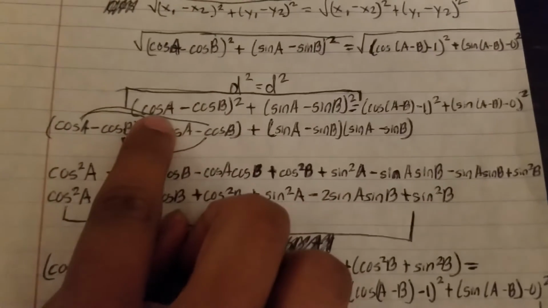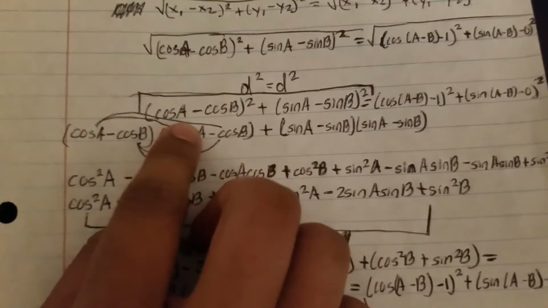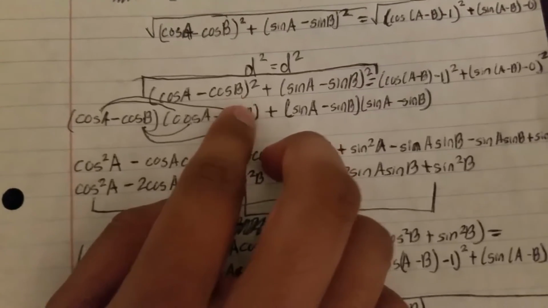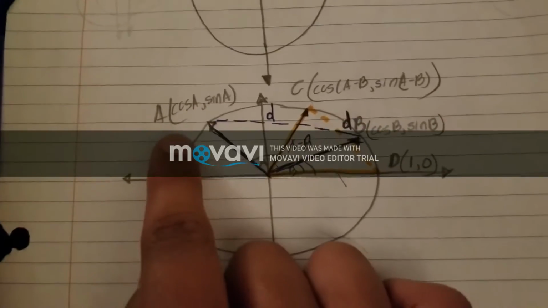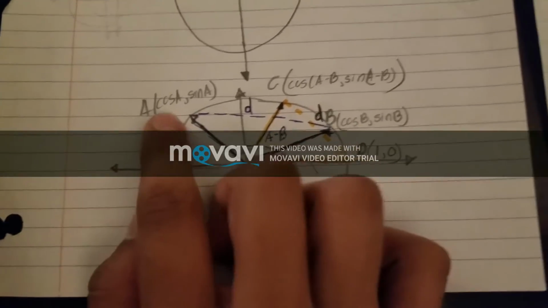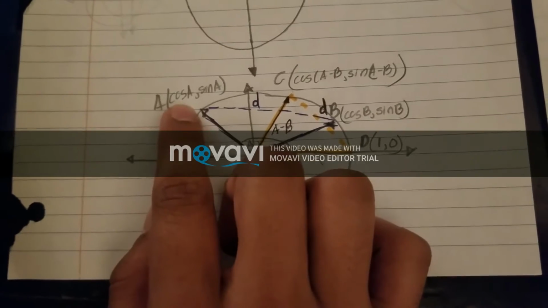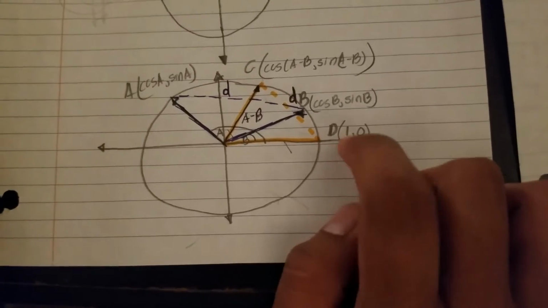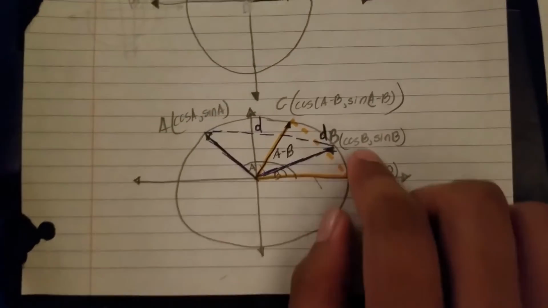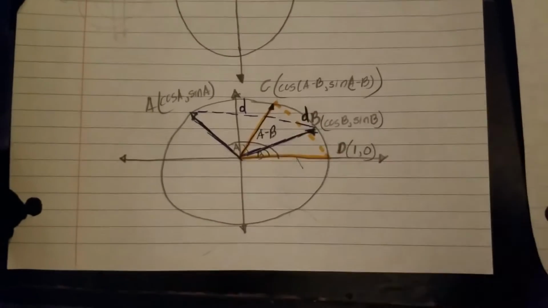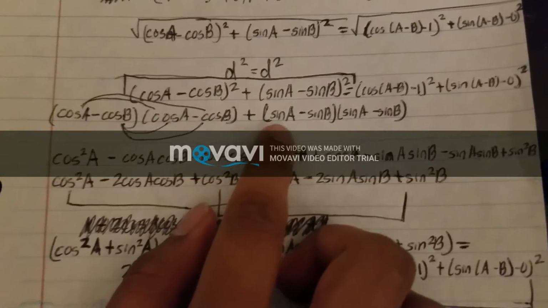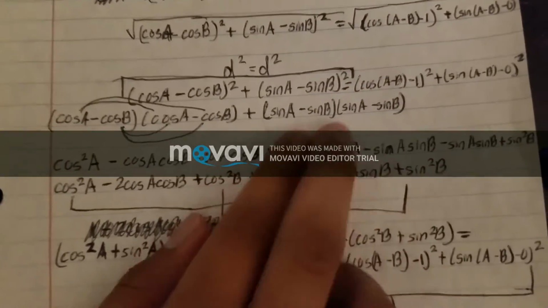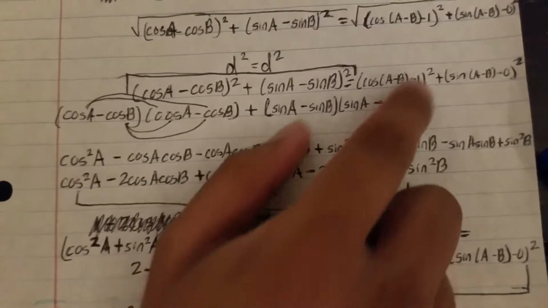Right here I put cosine A minus cosine B, which corresponds to the x values of A and B. Cosine A is the x value of angle A, while angle B's x value is cosine B. Same thing goes for sine: for y1 minus y2, I just inputted their y values. And same thing on the other side.